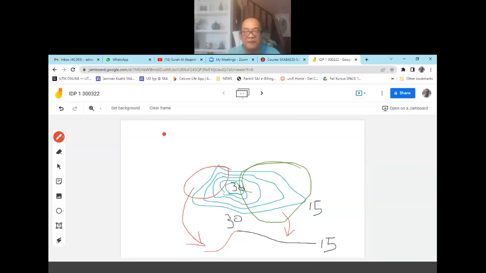A steep slope versus a gradual slope. So we can make sense of this by looking at the contour map. By studying the contour lines, we can come to a conclusion. One side of the peak is a steep condition, whereas on the other side, on the right hand side, it is a gentle slope.